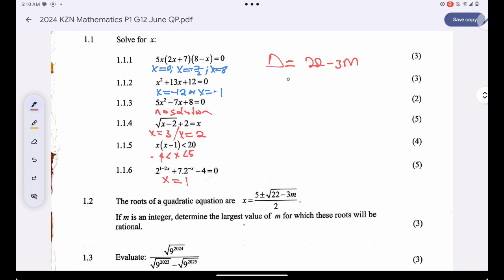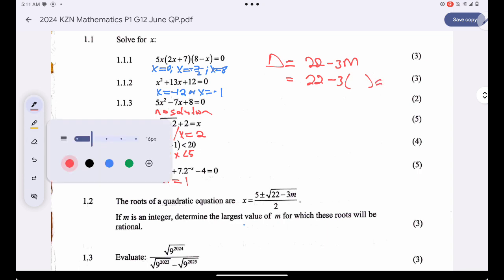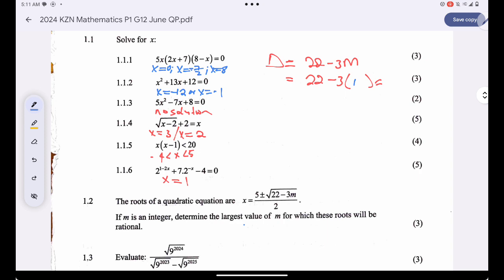If we substitute 1 in place of delta, whenever I substitute 1, I'll get 19, because 22 minus 1 is 19, right? 19 is not a perfect square.